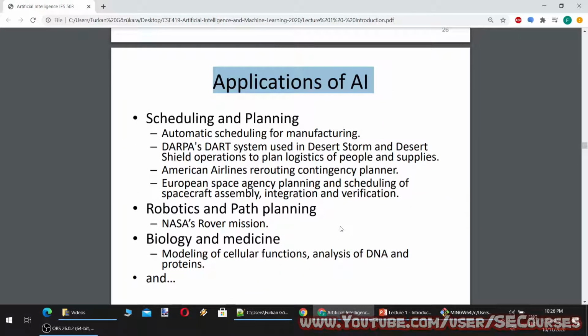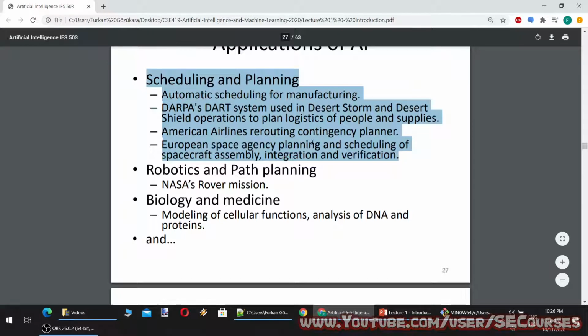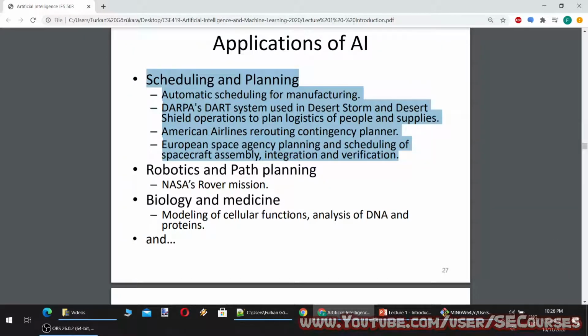Applications of AI. Okay, more applications of AI. Scheduling and planning. Automatic scheduling for manufacturing. DARPA's DART system used in Desert Storm and Desert Shield operations to plan logistics of people and supplies. American Airlines Rerouting Contingency Planner.